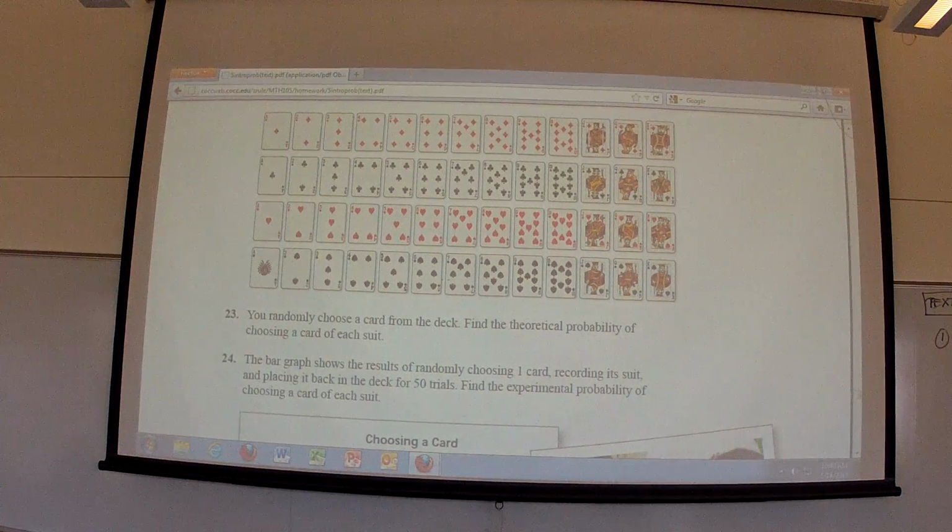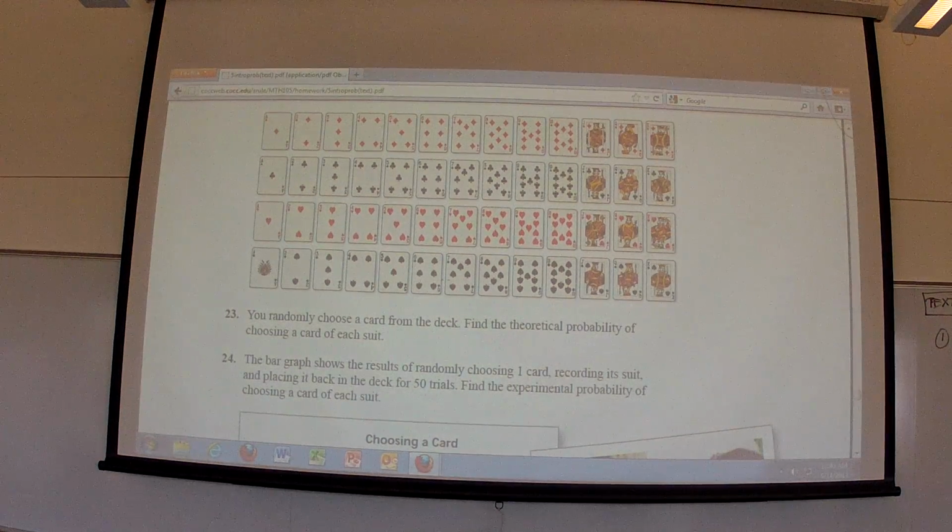Anyway, number 23, theoretical probability of choosing a card of each suit. What's the probability of choosing a card of each suit, suit being diamonds or spades or hearts or clubs? Ben? A quarter, a fourth, 25%, 0.25, however you want to write it.